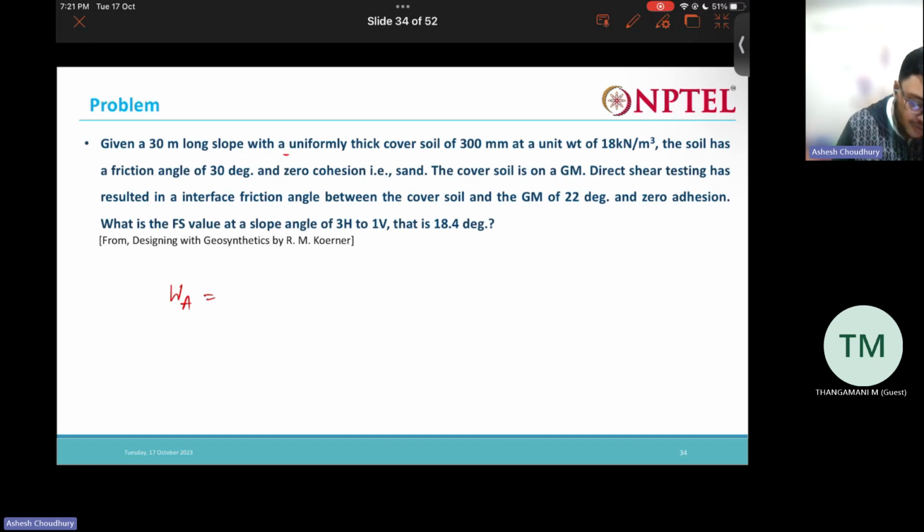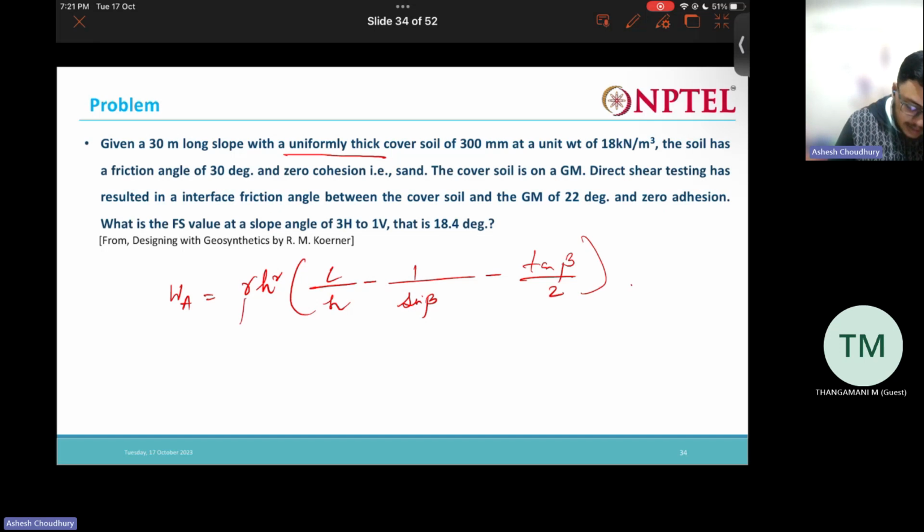So this is the case of uniformly thick cover. Gamma H square by 2.